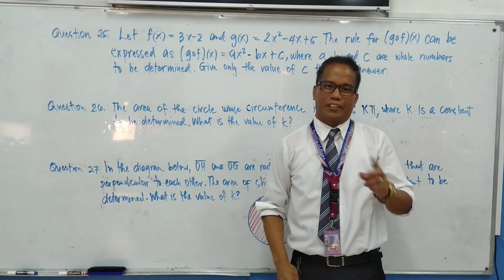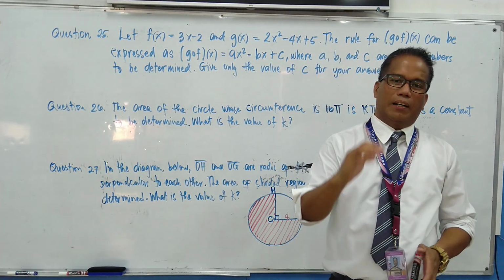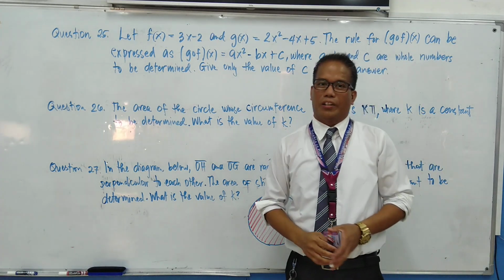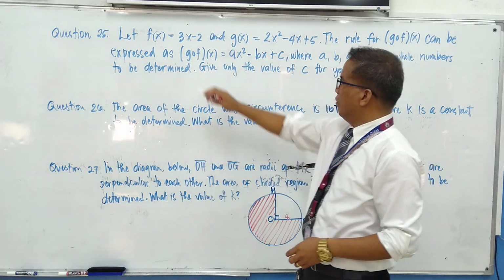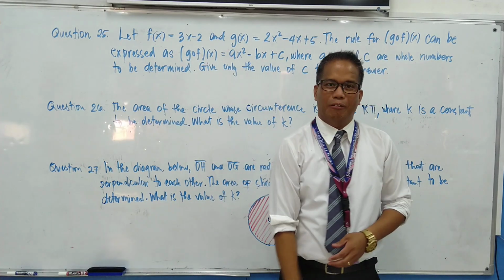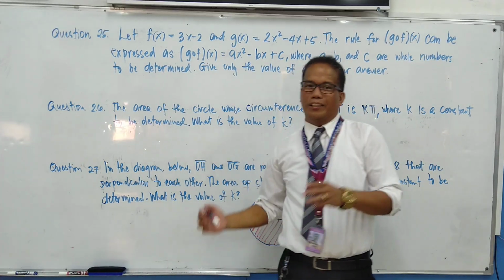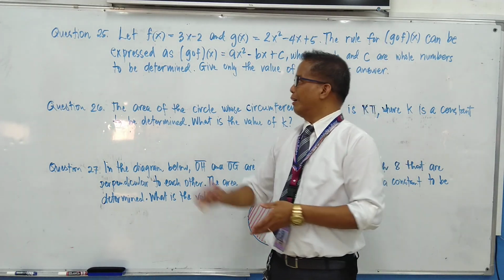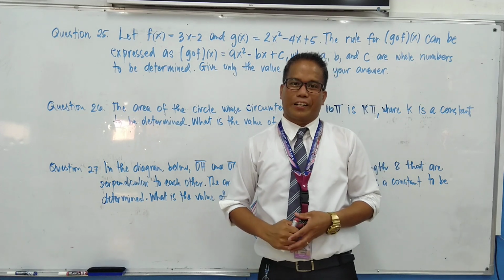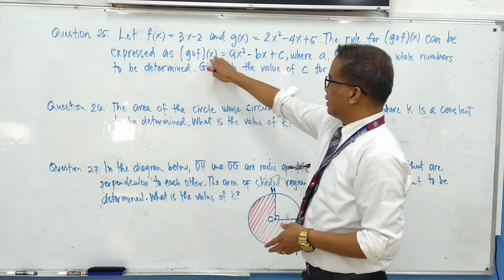Okay? So this question is about composite function or composition of function. Why? Because of this symbol, g circle of f. So don't read it as g times f. So this is g circle of f of x.